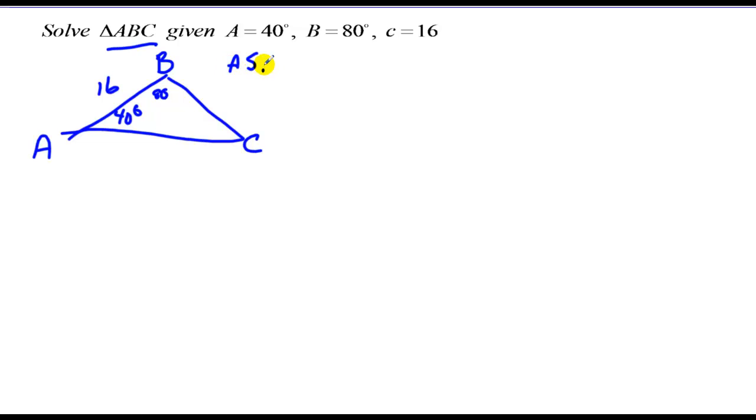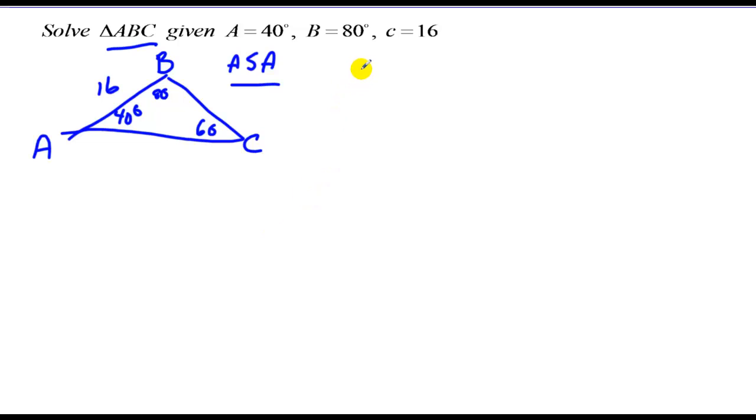So you'll notice in this case that I have a side sandwiched between 2 angles, and this wasn't one of the cases we had to use our law of sines. However, since I have 2 angles, I automatically have the third because we know the sum of the angles in a triangle is 180 degrees. So far I've got 120 used, so I must have a total of 60 left for C. Now I have 2 angles and a side which I can use, and we'll use the law of sines once again.